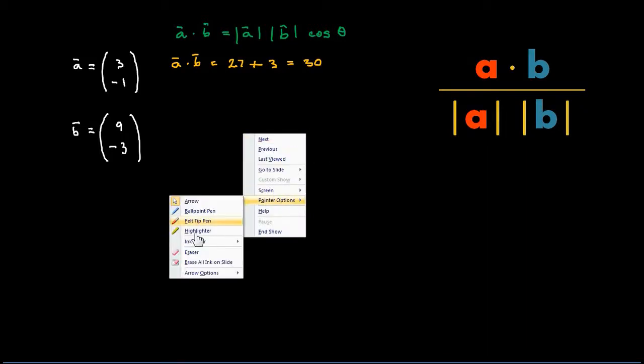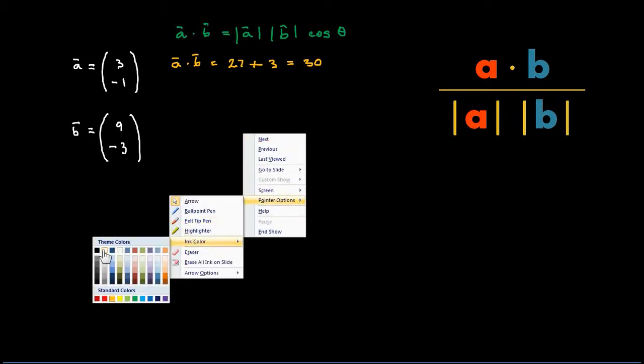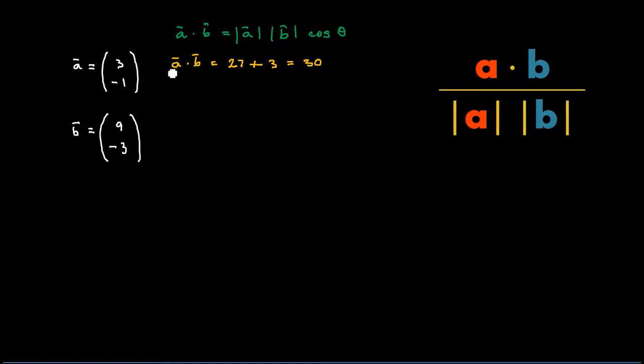So the very first thing I want to do is find my dot product, which I've already seen is 30. I want to check that that's the same as the two magnitudes multiplied together. So how do I find the magnitude of A? Let's write that here. So magnitude of A, we write like this. Well, we find that out by Pythagoras.